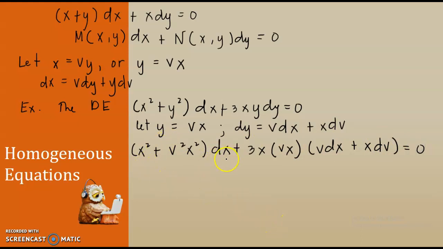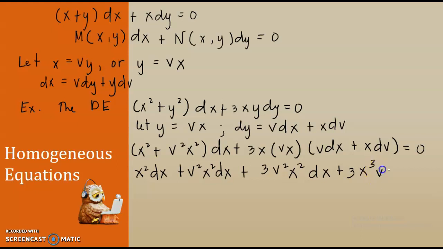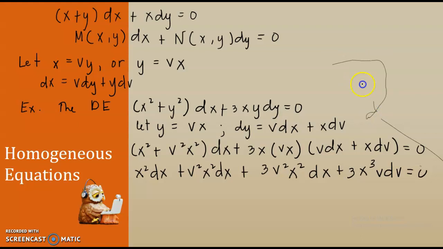Then we have to distribute your dx. We have x squared dx plus v squared x squared dx plus 3v squared x squared dx plus 3x cubed v dv equal to 0. Okay, recheck po natin.